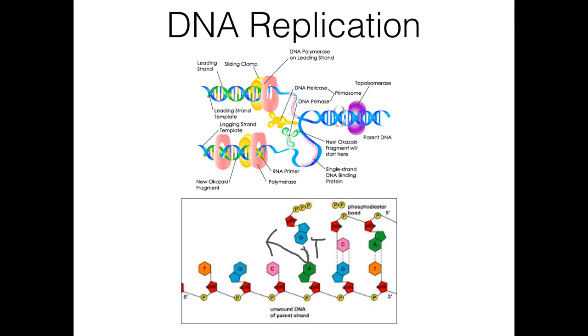Here, when we attach a new base on, we're going to break a phosphate-phosphate bond, releasing these last 2 phosphates. Since that's a very high energy bond, it's very easy to get it to break. And so it provides the energy that will attach this phosphate to that RNA. And then these 2 will float away, as you can see there.